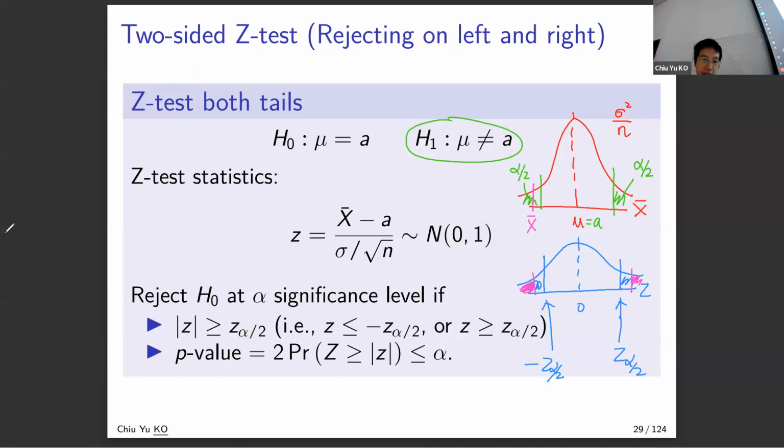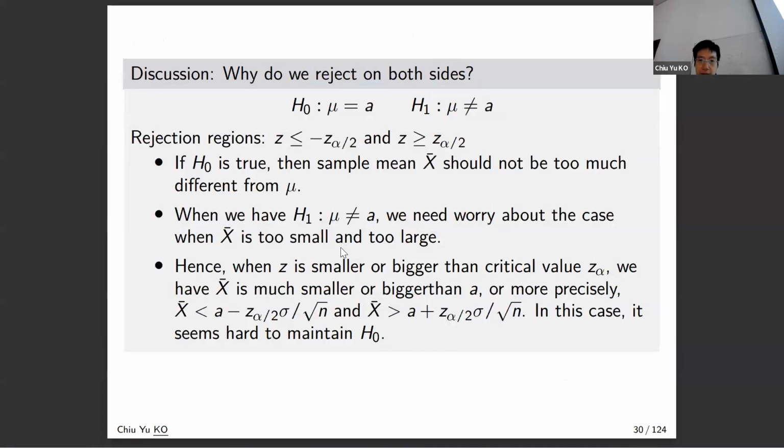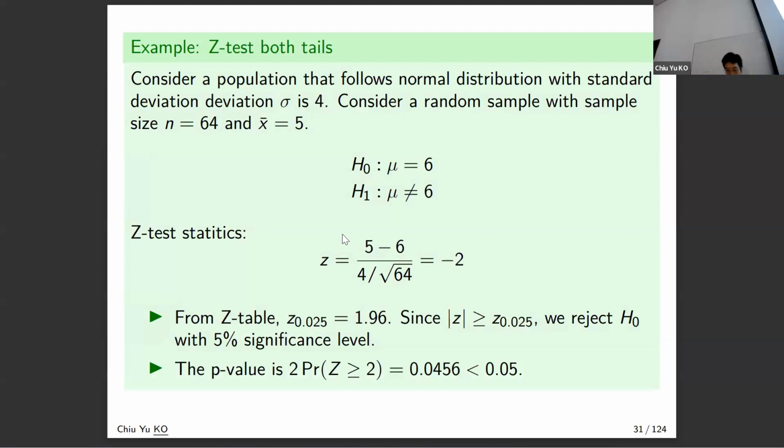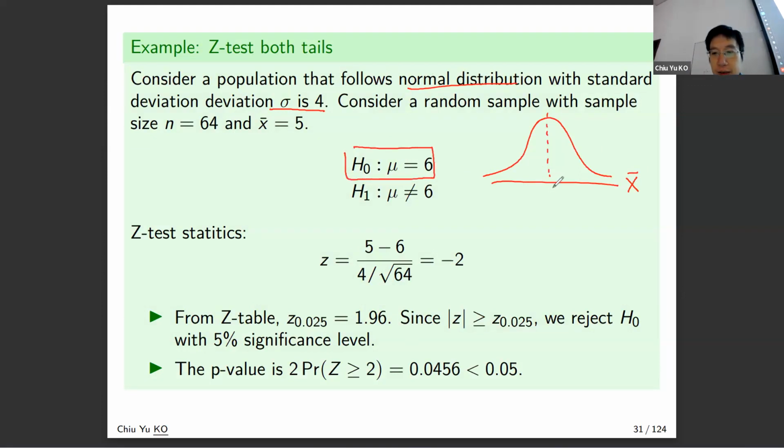You will see this very same concept here. Now let's draw that again. I have a normal distribution with standard deviation 4. I have a sample mean x bar here, and under the null hypothesis the mean is 6 here.